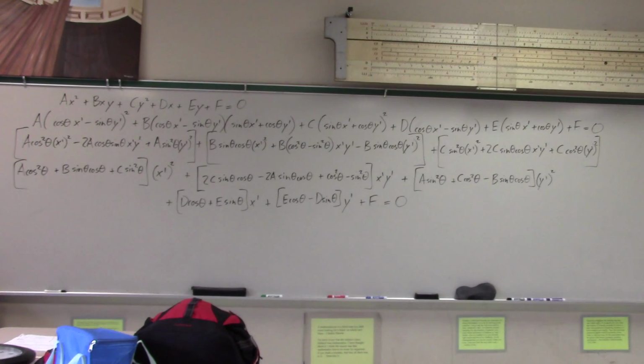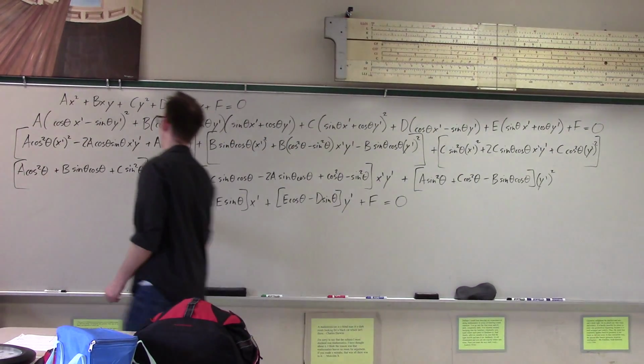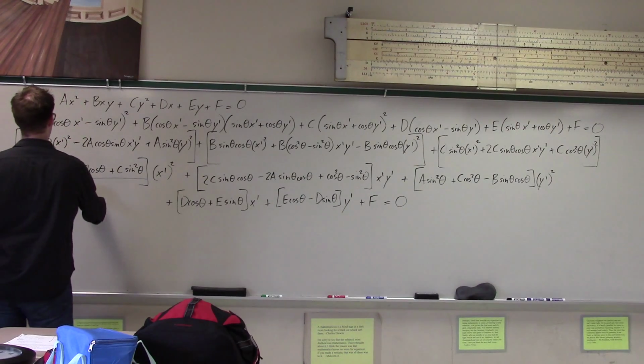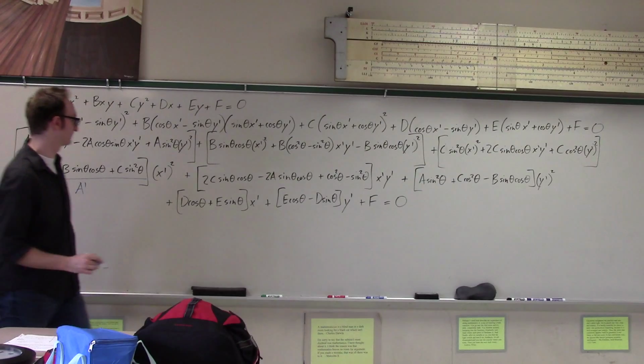Okay, so we did this massive crazy thing, and here's what we've learned. I don't even know if you guys can see this at all. But what we've learned is that this giant thing is basically A prime, the coefficient of x prime squared.